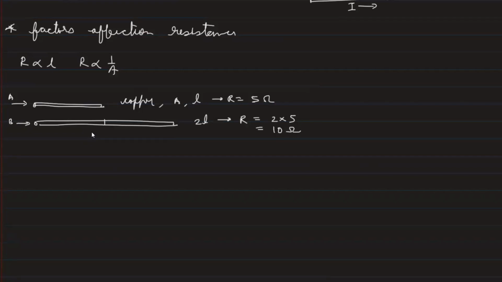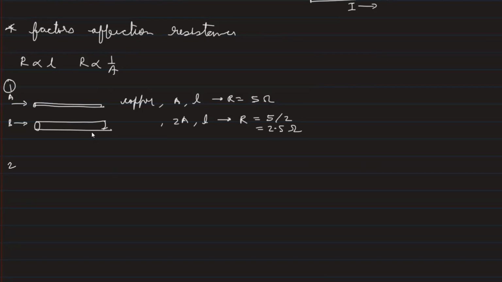Now if the same question is asked to you in a different way, like if you take another wire, double the thickness, that means you have the same length, but you have double the thickness, then the resistance will be 5 upon 2, that will be 2.5 ohms. Okay, so this is one type of question.